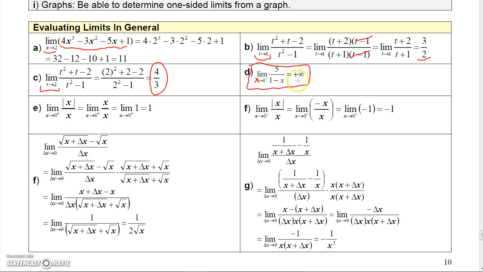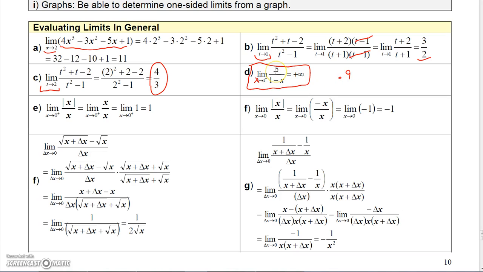What I like to do is pick a number that's very close to 1 from the left, like say 0.9. If you plug 0.9 in here and you get a positive number, then I know this goes to +infinity. Had I gotten a negative number, I would have said it goes to -infinity.